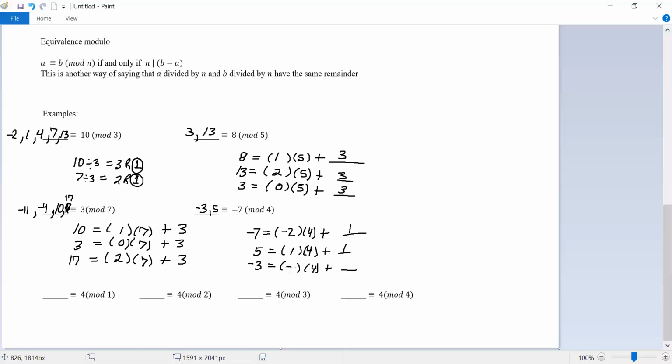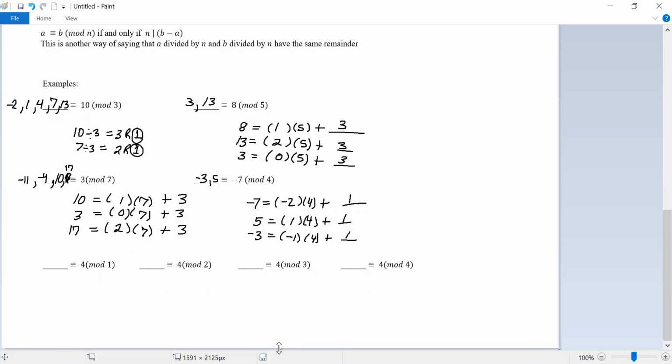So if I put a -1, -1 times 4 is -4 plus 1 is -3. So as long as I put these 4 apart, I will get an answer that's equivalent. How are the numbers equivalent again? They're equivalent in that they have the same remainder.